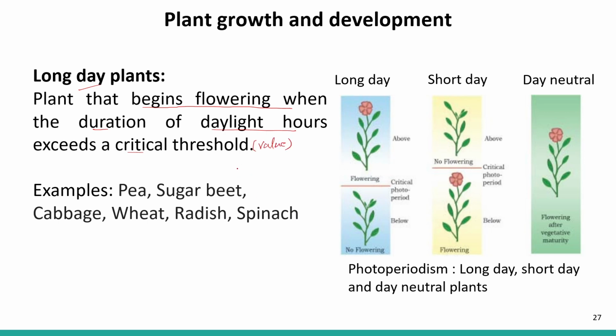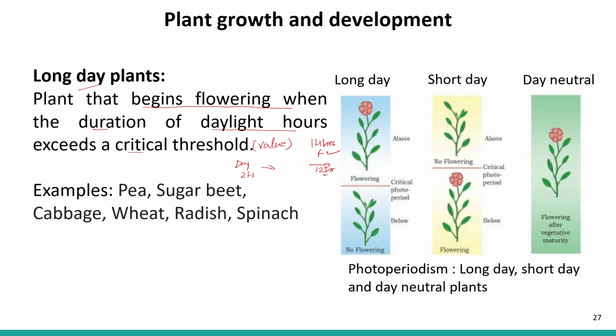Suppose a day is of 24 hours, and the critical threshold is 12 hours. If the long day plants are given more light, suppose 14 hours, then only they will flower.